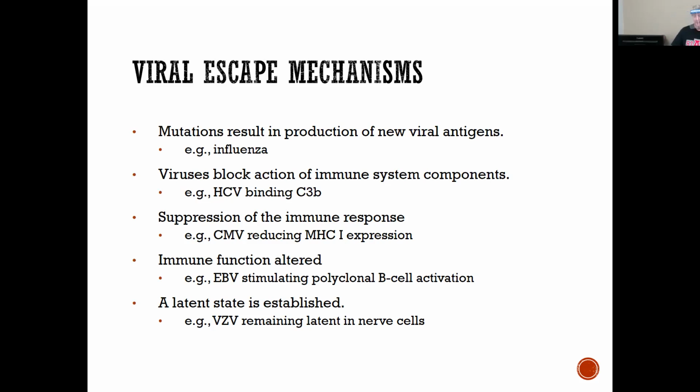So for those that have always wondered why in the world we need a new influenza virus vaccine every season, it's for this. Because the mutation results in the production of new viral antigens. So the vaccine that we got last year, or whether you got the flu last year, the antibody that was produced for memory of that virus coming back, it's different this time.